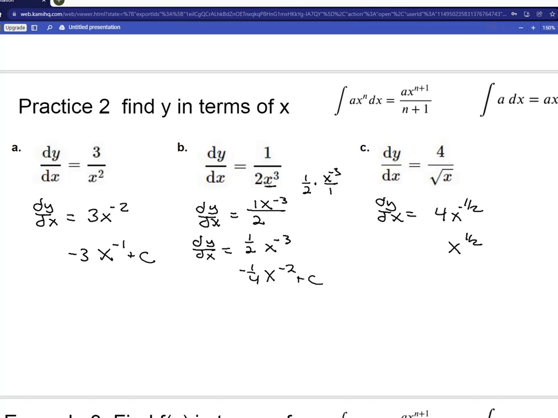I'm either going to multiply by 1/2, or I'm going to divide by 1/2 or multiply by the reciprocal. So which one do you want to do? If you do it by reciprocal, what would that be? What's the reciprocal of 1/2?